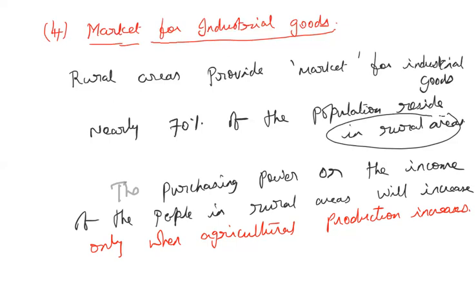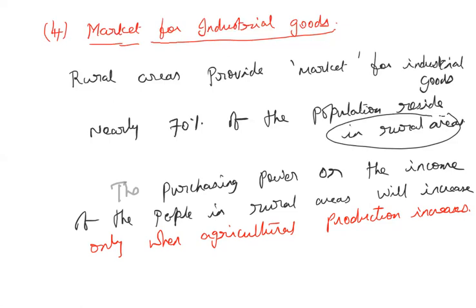Okay, that is another important point. That is one advantage of having a major percentage of the population reside in the rural areas. We have seen the other side, isn't it? 70% of the population live in rural areas, but 70% of the investment goes to the urban areas in the form of investment on industries. But this is the other side we are seeing now. Even though the investment is going to the industries, the industries cannot sell their products there, because they are finding only 30% of the population there.